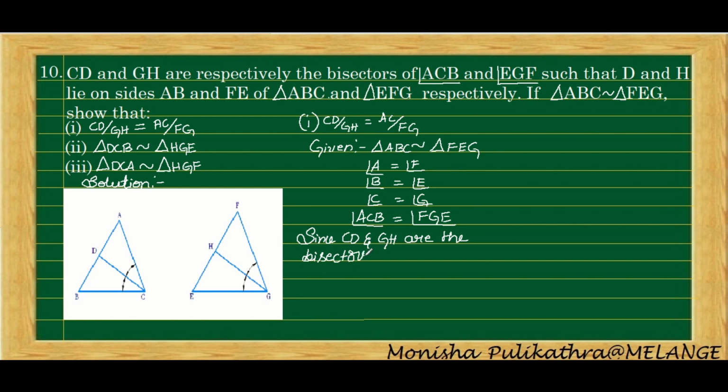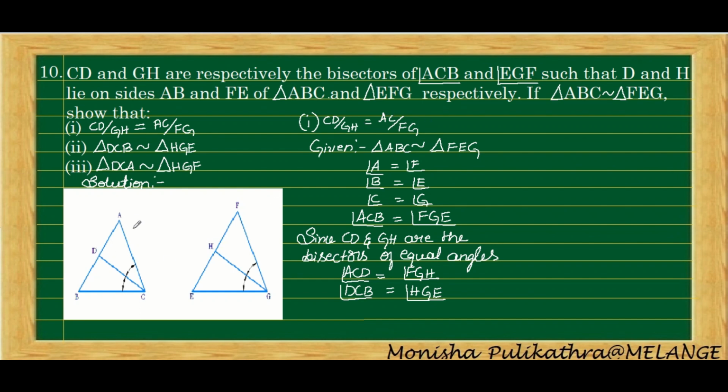Since CD and GH are bisectors of equal angles, by these bisectors angle ACD is equal to angle FGH, so this angle is equal to this angle, and angle DCB is equal to angle HGE. So this angle is equal to this angle, and this angle is equal to this one. Now we need to prove CD by GH is equal to AC by FG.